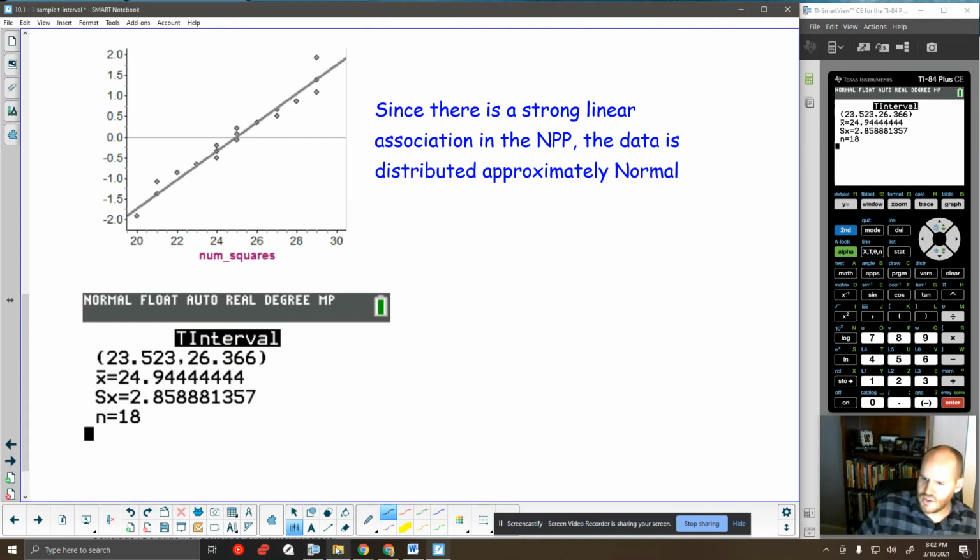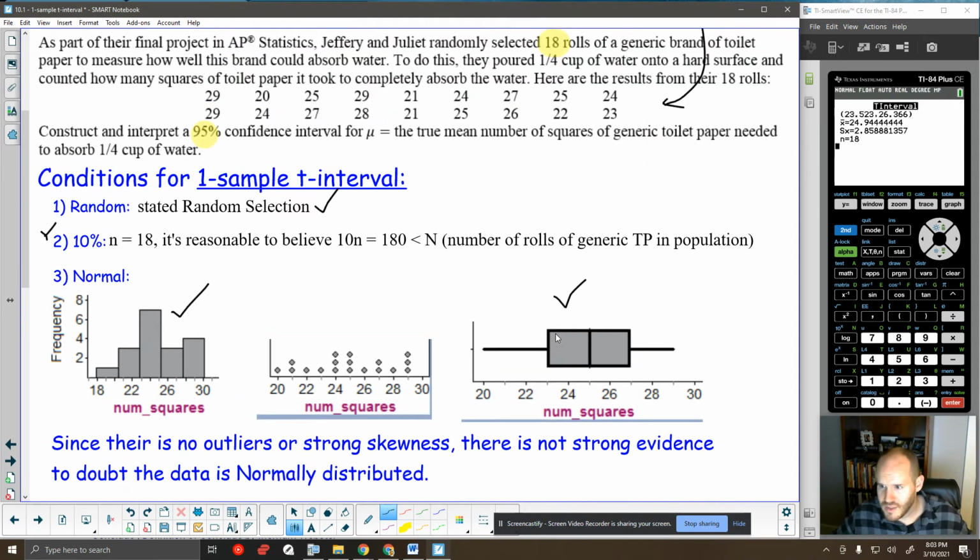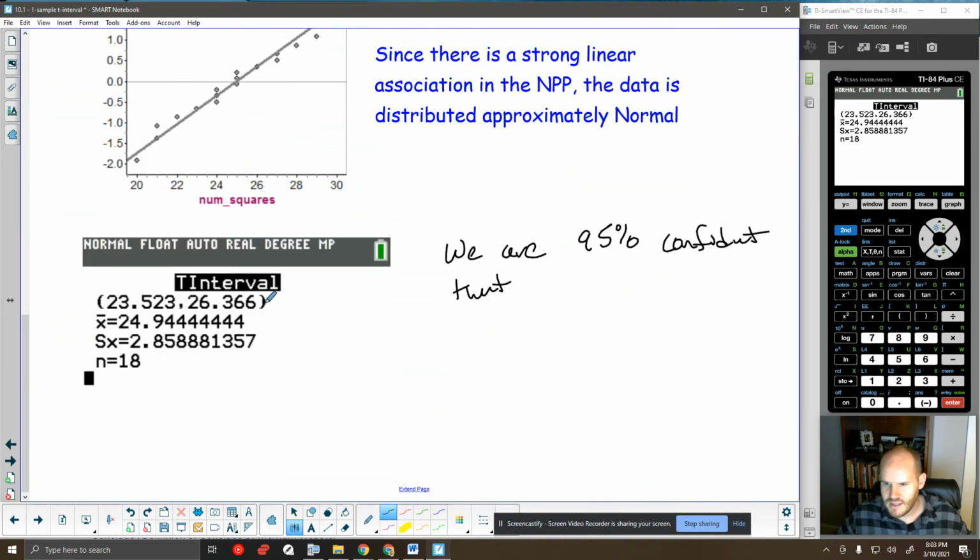The last thing I need to do is interpret this interval in context, so I can say that we are 95% confident that the parameter of interest, in this case, the true mean number of pieces of generic toilet paper needed to absorb a quarter cup of water, is captured by this interval.